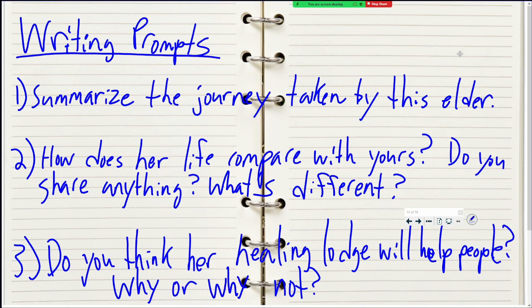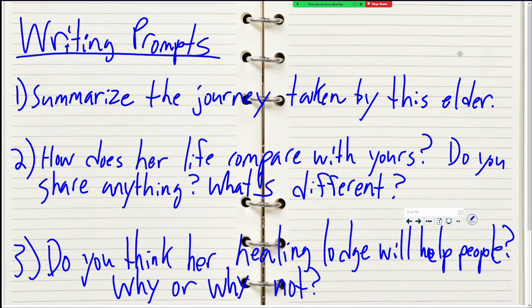So you have her most recent journey, and it all depends on how you define the word journey. Are we talking about the journey of her entire life? Are we talking about her journey to build this lodge? You could just talk about that.